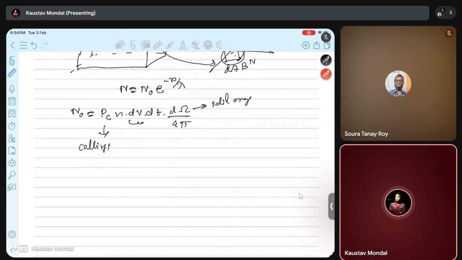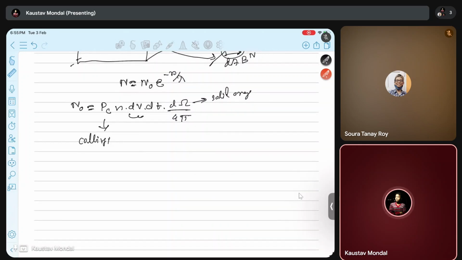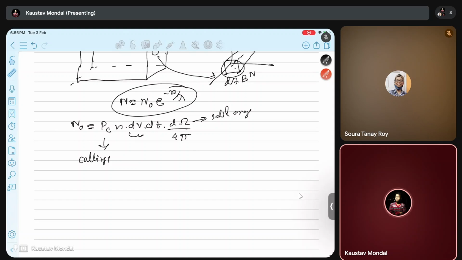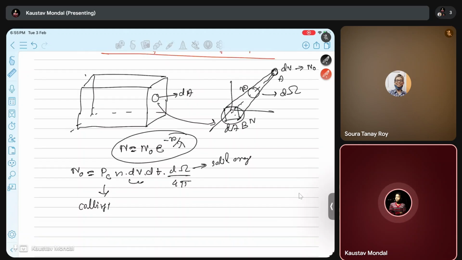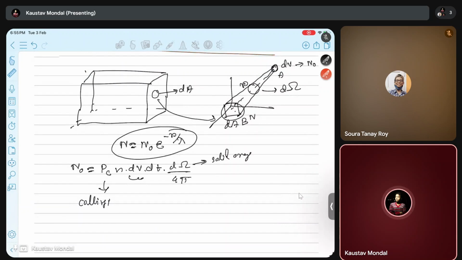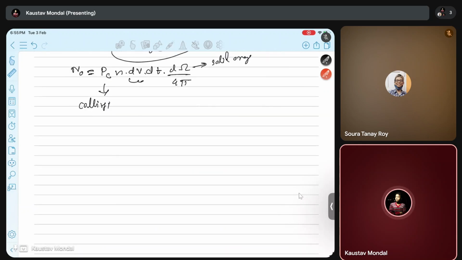Now from this expression, n equal to n naught times e to the power minus r by lambda, we got the number of molecules that survive through this distance r.